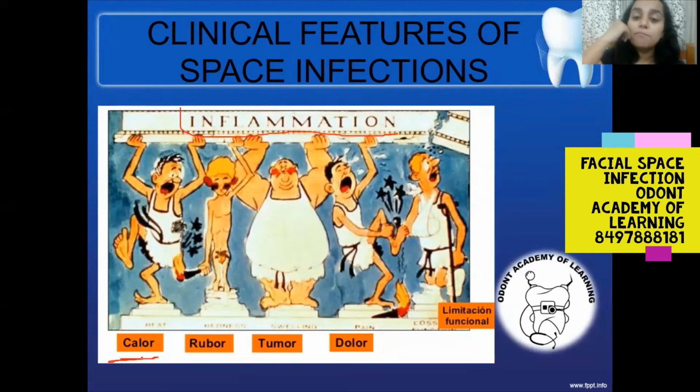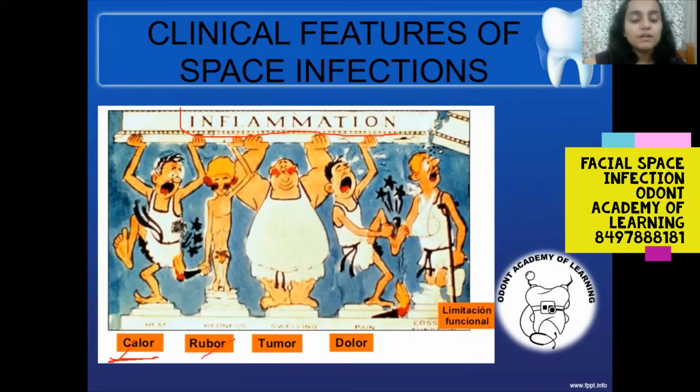So whenever we palpate the swelling, okay, it will always be slightly raised. The temperature will be slightly raised from the other normal side. Apart from that, in some cases, the patient will also complain of fever associated with the swelling. Okay, so that is our calor.